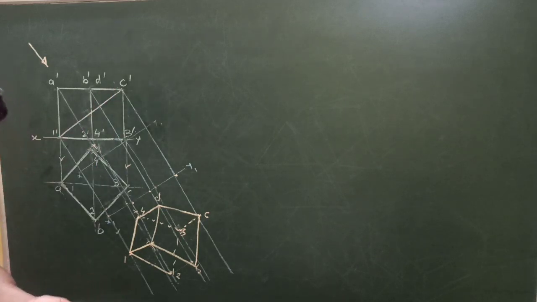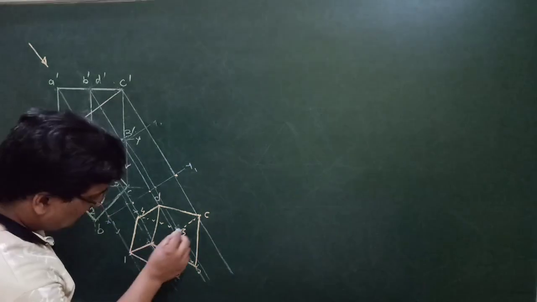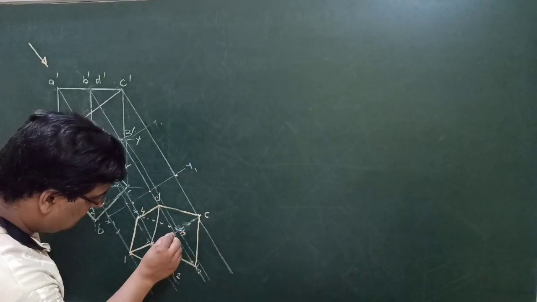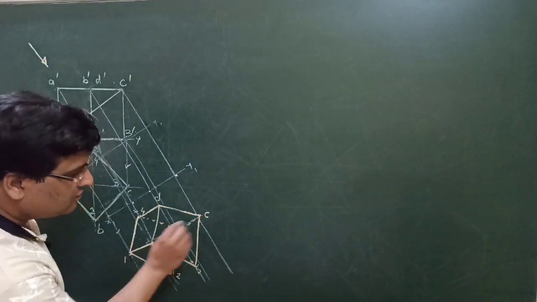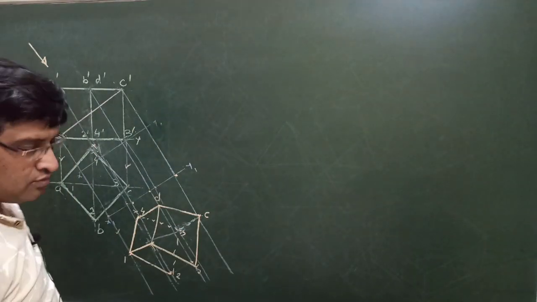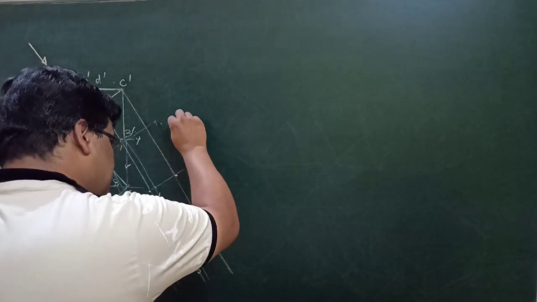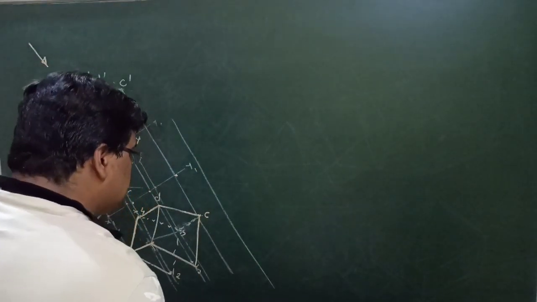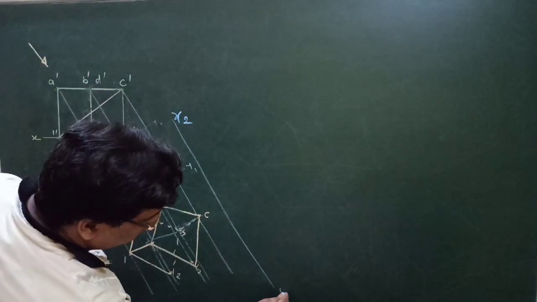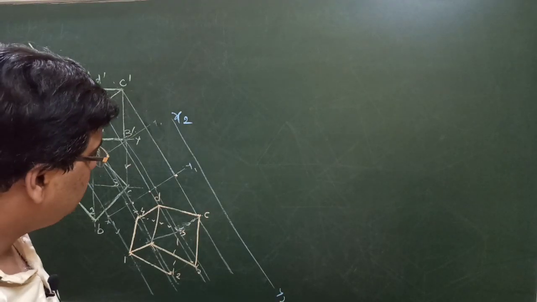For making it perpendicular to VP, we have to take this line, the solid diagonal 1 to C. This must be perpendicular to the XY line. It means that we have to take one line perpendicular to the XY line now, like this. Say this is X2 Y2, right?